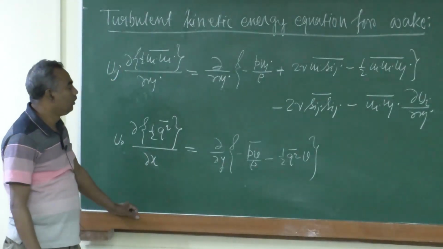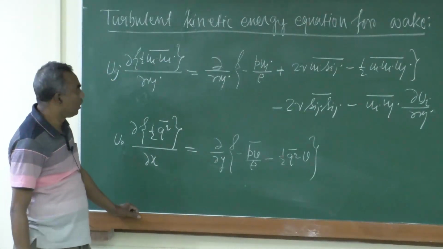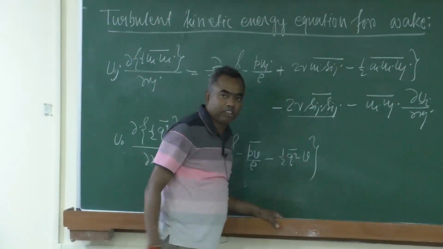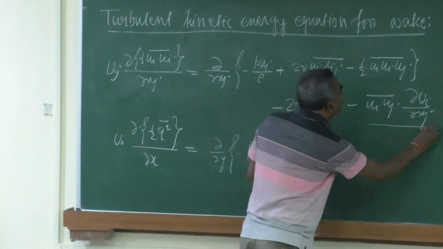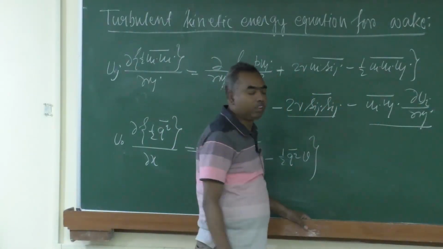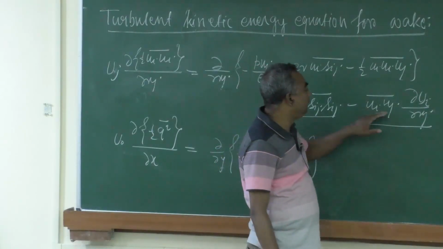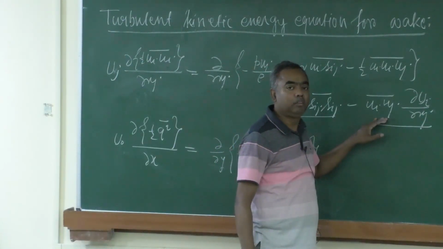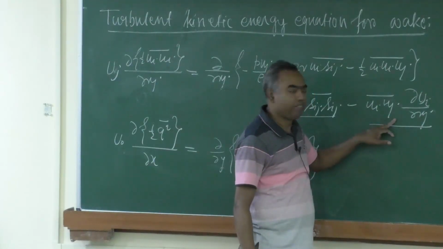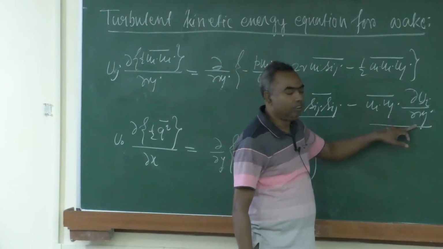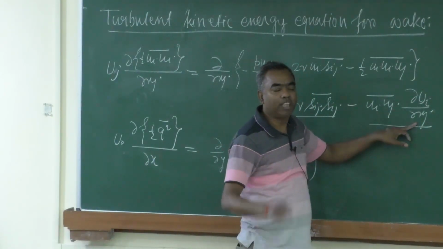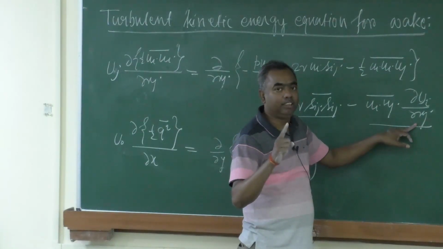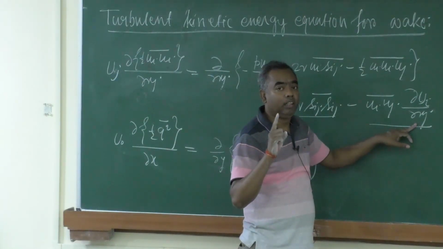That is your turbulent transport term for this turbulent wake, and this is our dissipation, and this is our production. So, in this particular case use that Reynolds stress, that is minus uv, and in this particular case only one shear term is important here, that is del u del y.